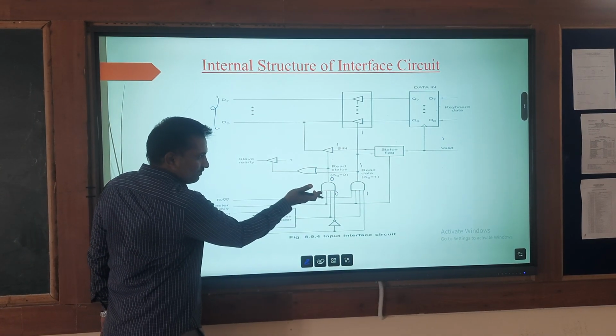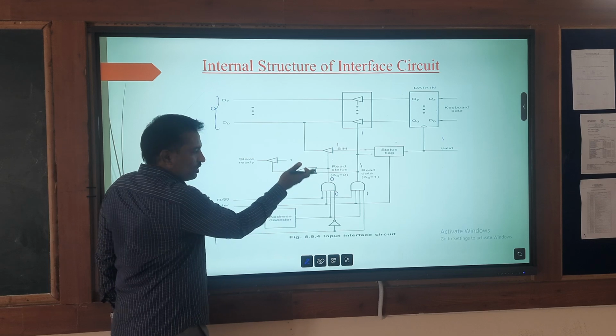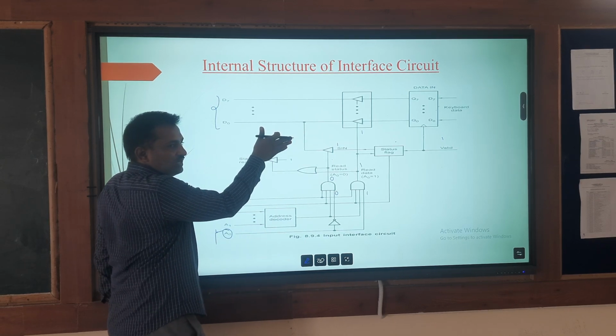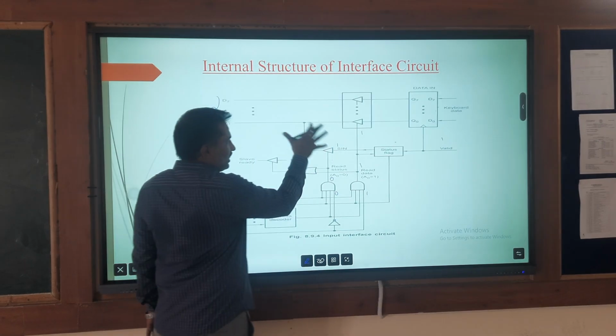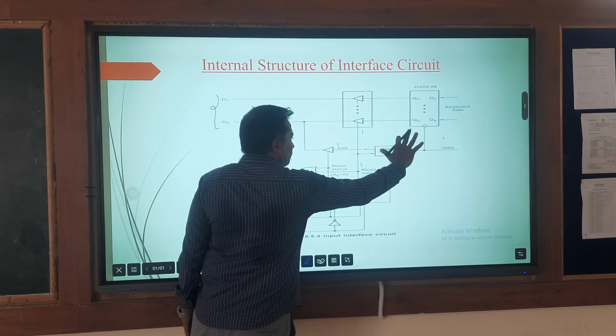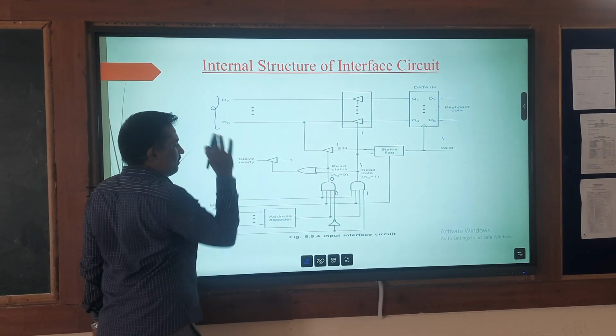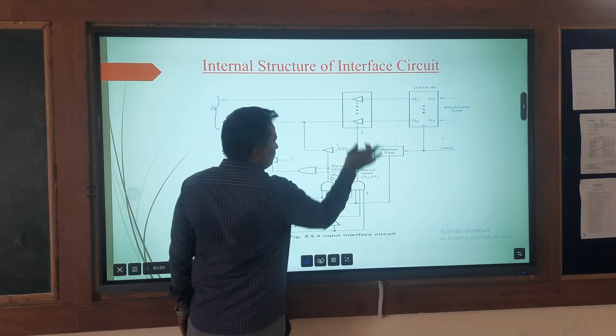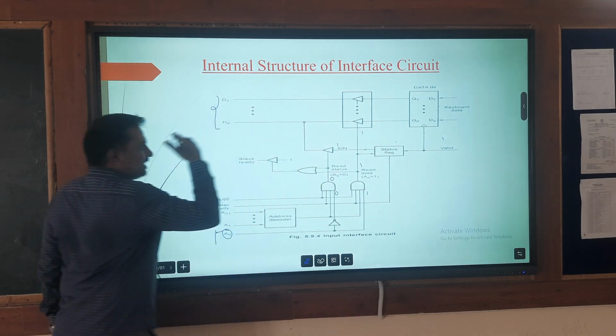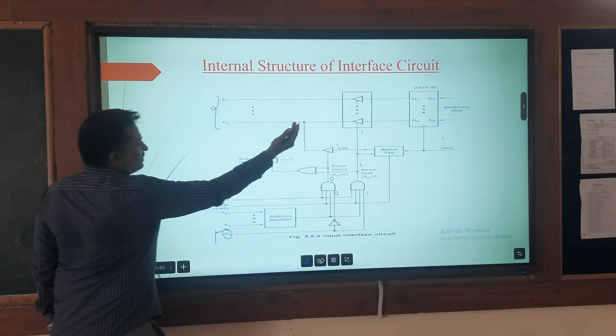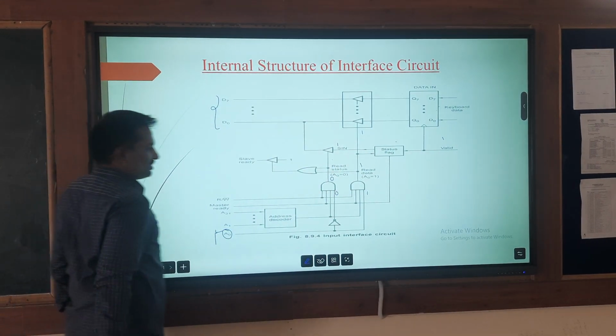One of the inputs of the AND gate is equal to 0. Then obviously the output of the AND gate is equal to 0. So here I may not perform a status read. I may just perform receiving the data from the data in register to the processor.